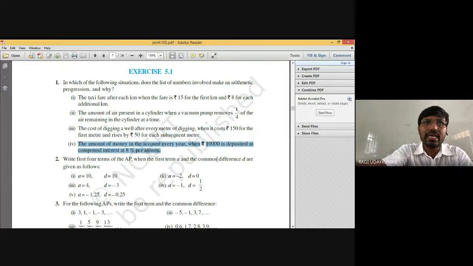The amount of money every year when 10,000 rupees is deposited at compound interest at 8% per annum: compound interest means the principal amount is going to change. So that's why this is not an arithmetic progression. Okay.